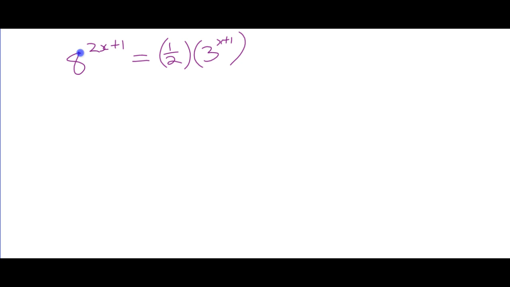Get rid of the half. It'll kind of simplify what I'm going to do. Now, if I do that, I'm going to get, no, actually, it's not even worth doing, right? Because I don't have an 8 there. I've got an 8 there. I'd have to convert it to a 2. I can't get these bases to be the same. So the only way we can solve this, graphing calculator.